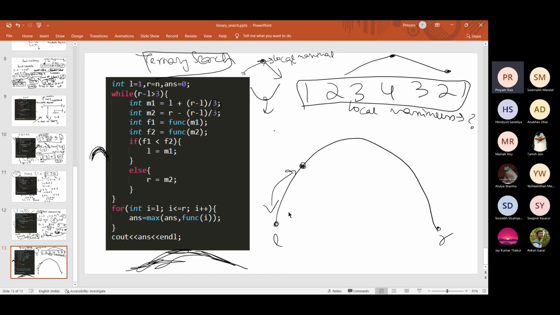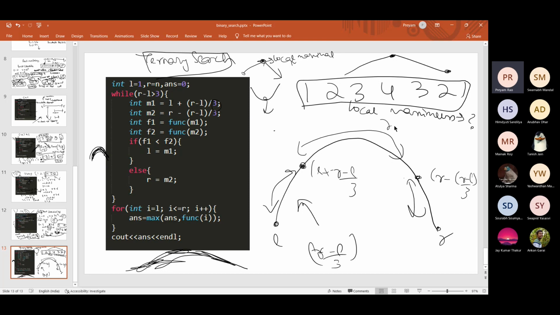Let's say this whole arc has a distance of r minus L. So this distance would be (r minus L) by 3. This point would be L plus (r minus L) by 3. And the same thing over here, we'll find (r minus L) by 3. So this distance would be (r minus L) by 3, this distance would be (r minus L) by 3, and this distance would be (r minus L) by 3. So essentially what we're doing is dividing the whole array into 3 parts.